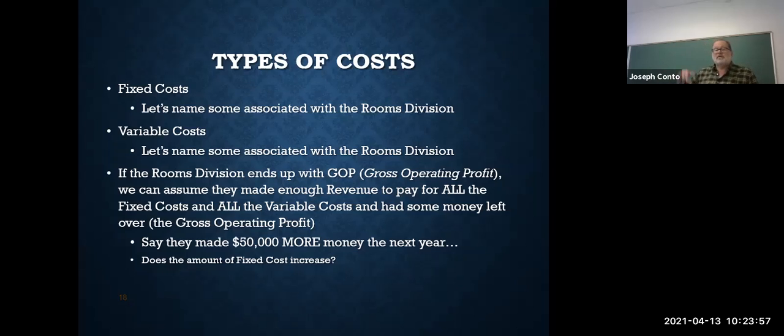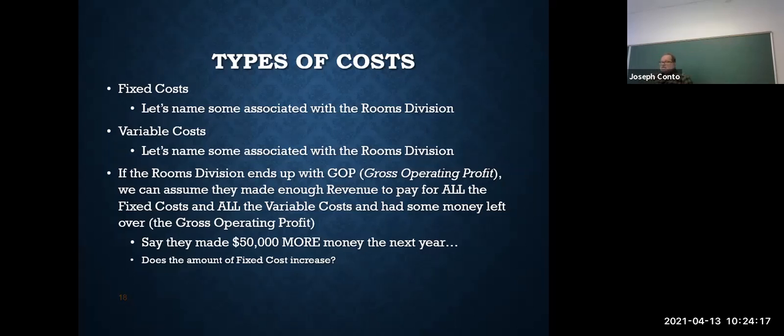Gross operating, that's where the word profit comes in. But say that they made 50,000 more next year than they did the prior year, right? So we made as much money as we did last year, but this year we made even more, $50,000 more.